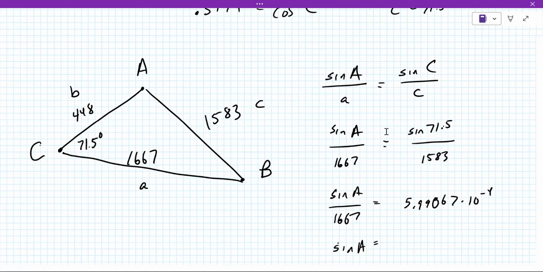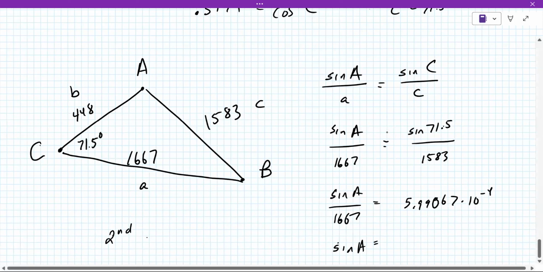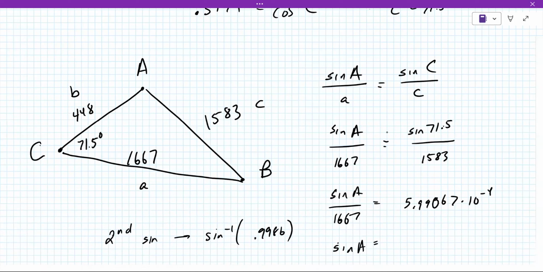I got 2.98. Make sure you're using sine inverse, second, sine to the minus 1. Yeah, try that one more time. 0.9... 86.3 or 4. Okay, yes, that's good.